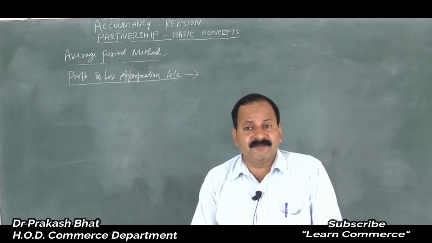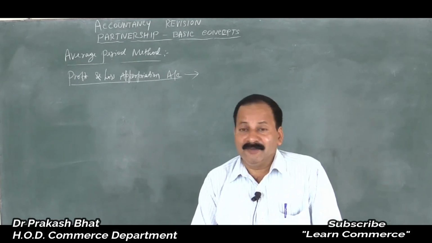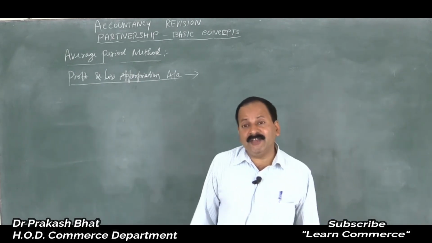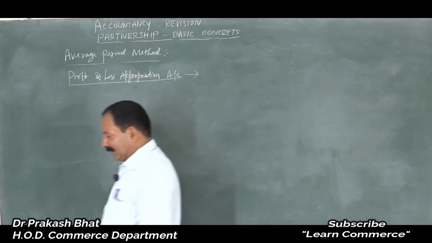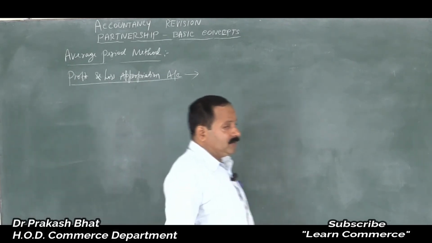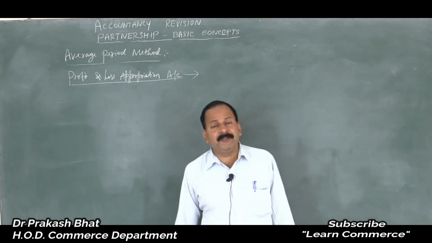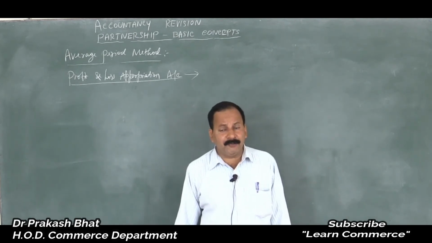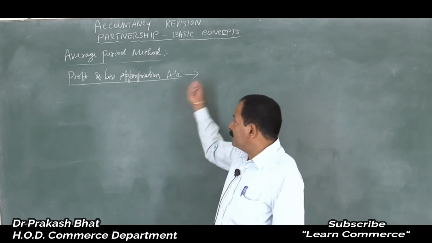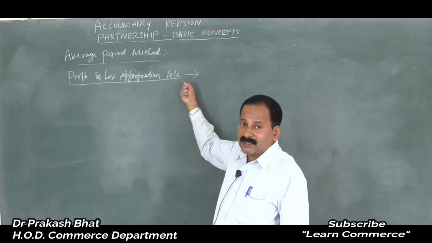All other items payable to the partners will be entered in the partner's capital account. But the adjusting entries like interest on capital, interest on drawings, or salary, commission, or anything payable to the partner, or anything recoverable from the partner, will be entered in the profit and loss appropriation account.